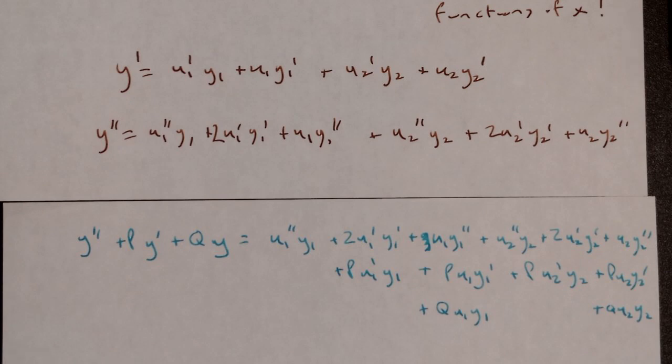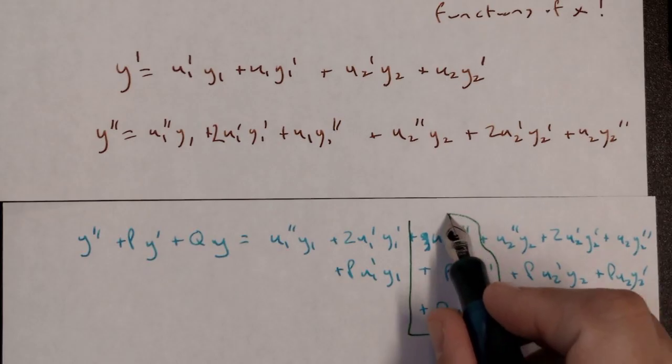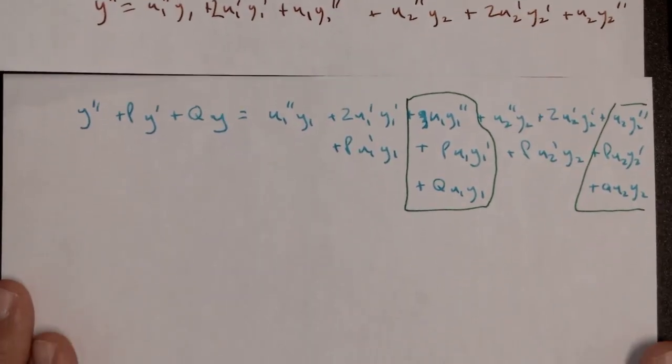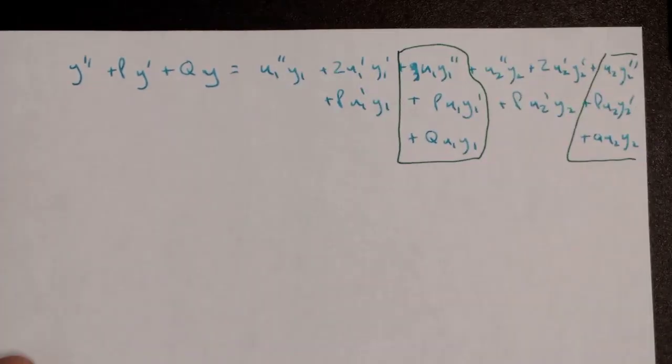Well, let's take a look at this for a second. This group of 3 right here and this group of 3 right here. This first box.